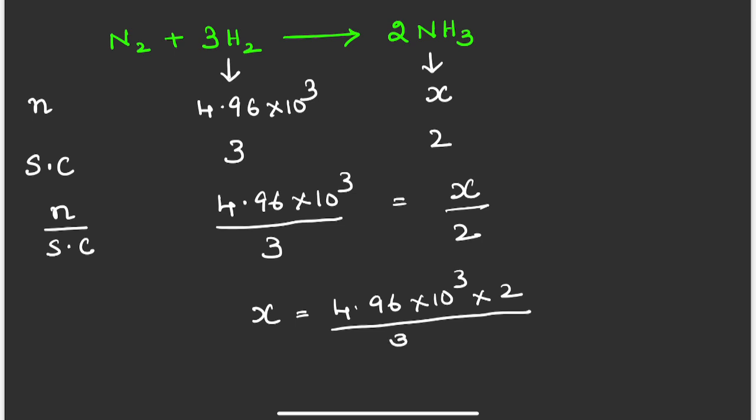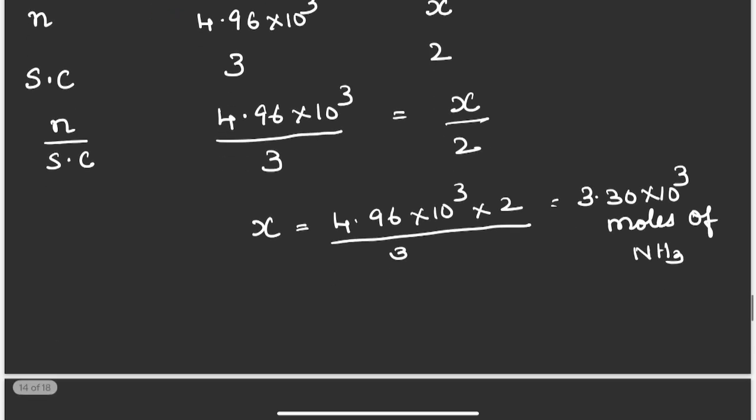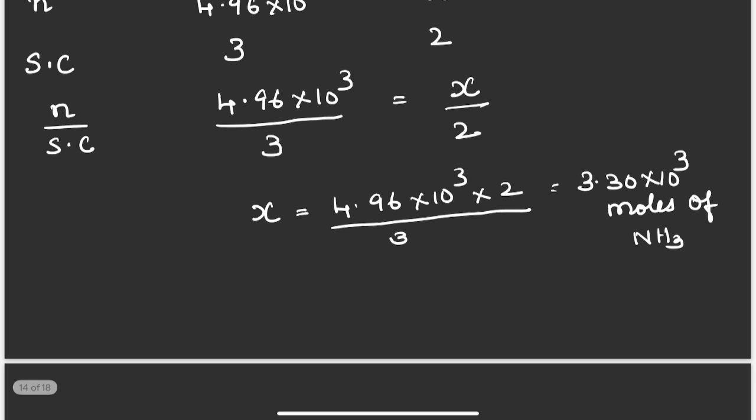Simplifying, you will get 3.30 into 10 to the power of 3 moles of ammonia. So the number of moles of ammonia formed is 3.30 into 10 to the power of 3.